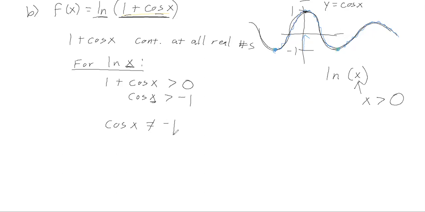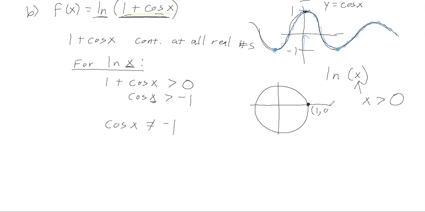Well, let's solve this. Where is the cosine of x equal to -1? Think about that. Think about your unit circle. If you do not have the unit circle memorized, definitely memorize it for this course. You're going to see it over and over again in this course, Calc 1, and so forth. On my unit circle, what do I have?